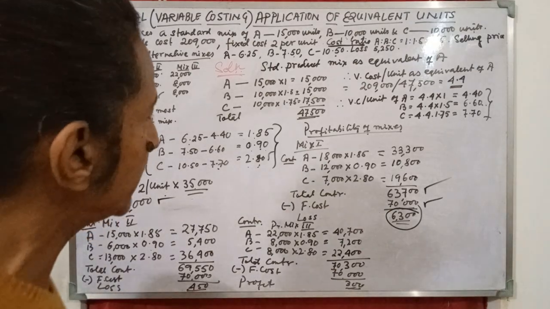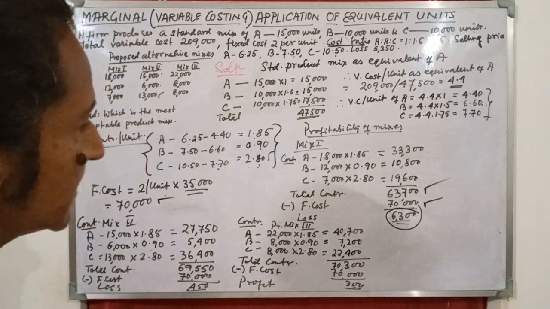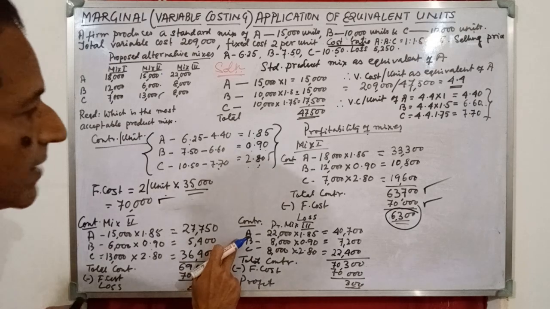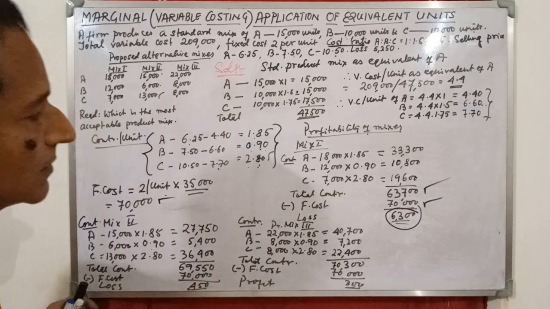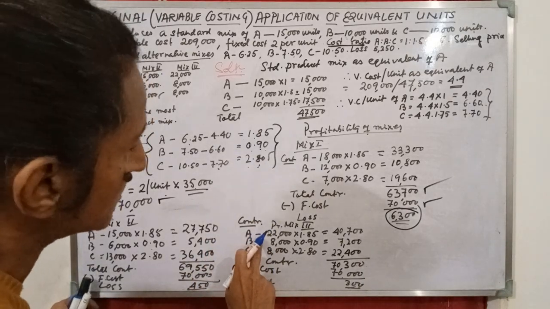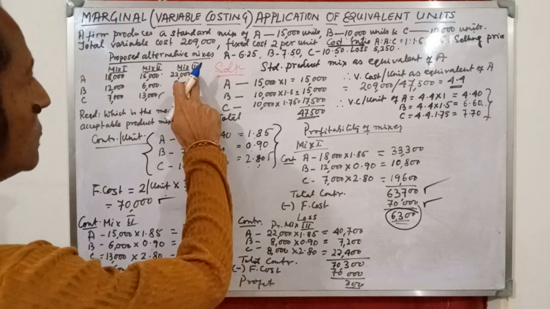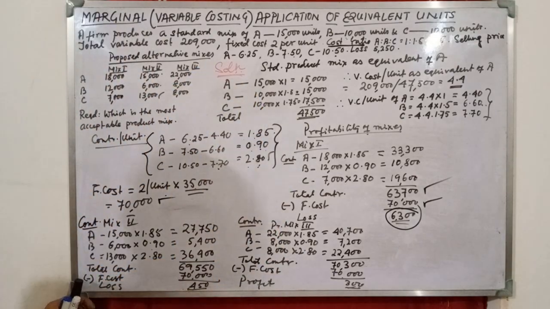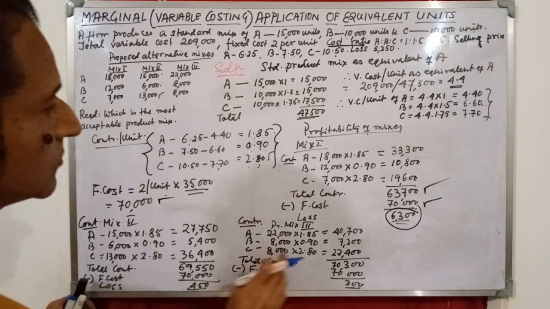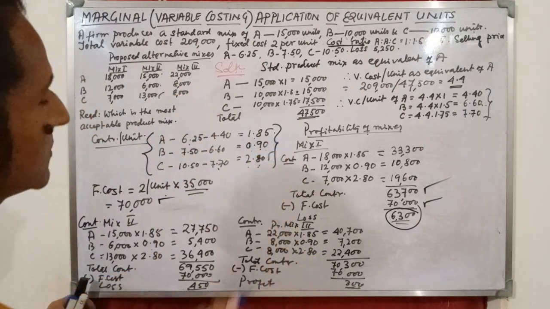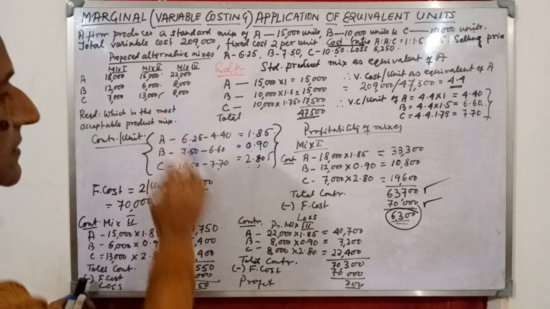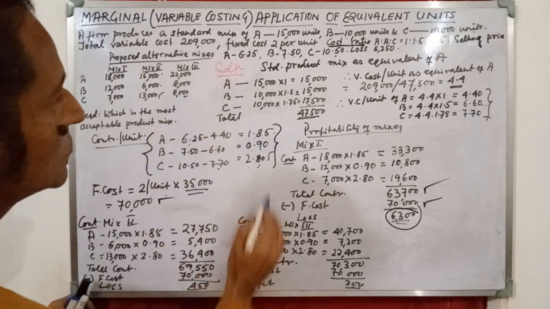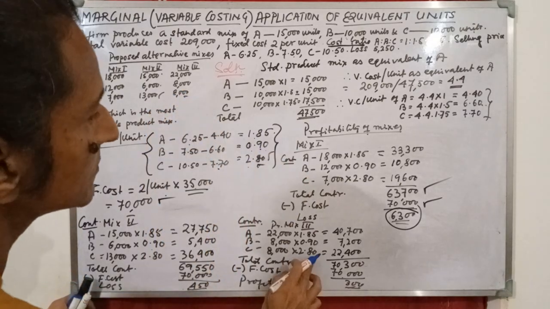And what is happening in case of product mix 3, which I have done here? Total contribution of A is 22,000 into 1.85, of B is 8,000 into 0.90, and of C is 8,000 into 2.80.